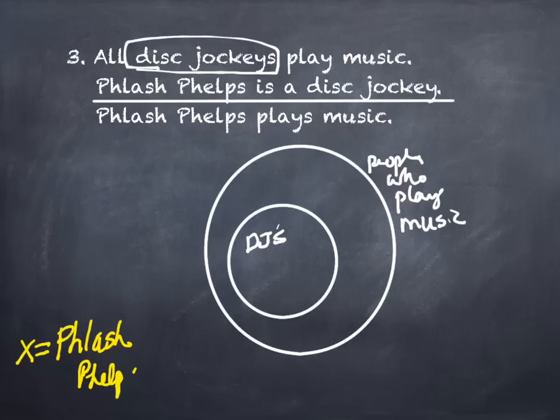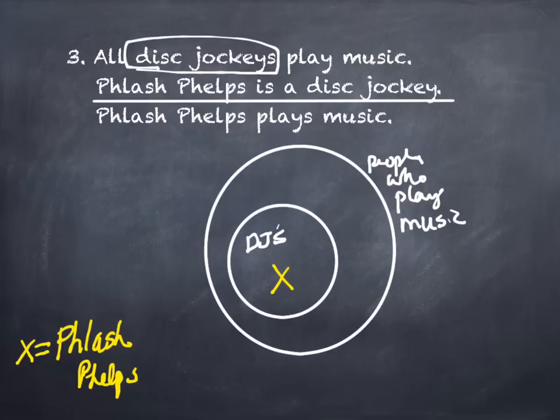And then where do you want to put him, Leah? In the DJ circle, because it says he's a disc jockey, right? Is this the only place he can go with that description? Yes, because the only place that the DJs are is inside this particular circle. If I put an X anywhere else, it would not satisfy that description, right?